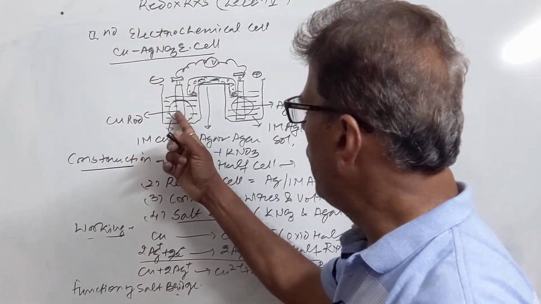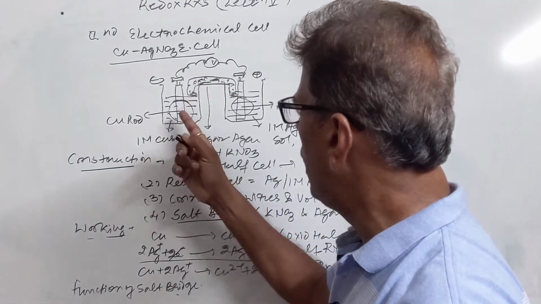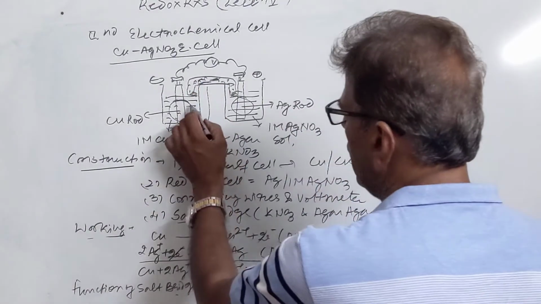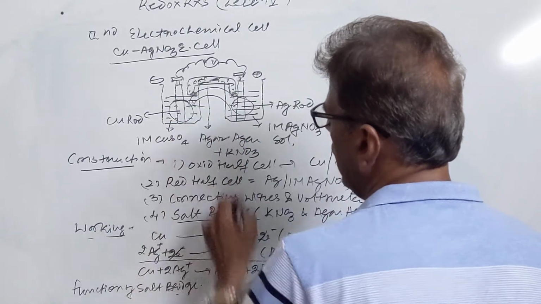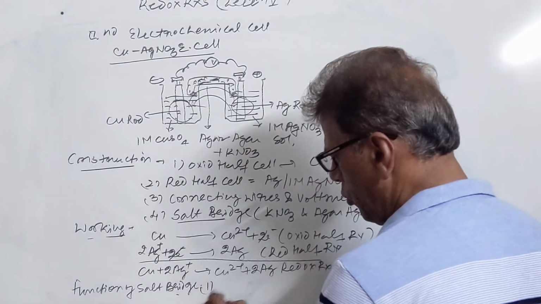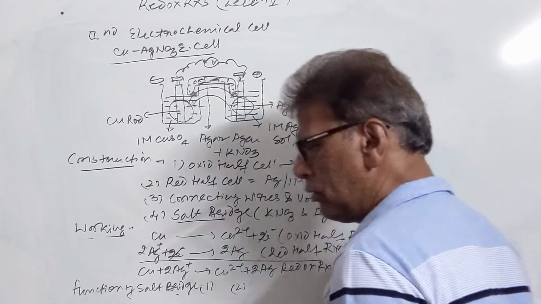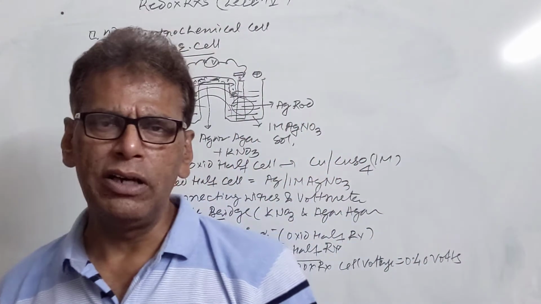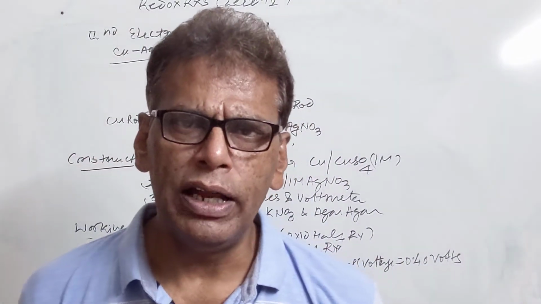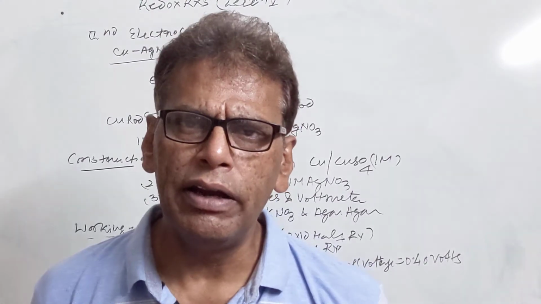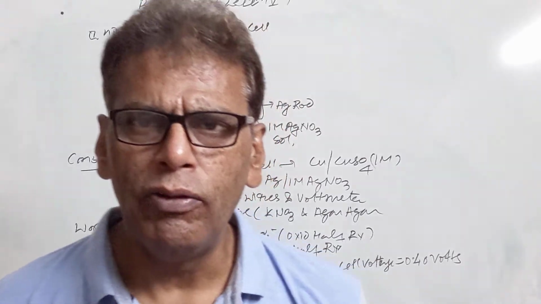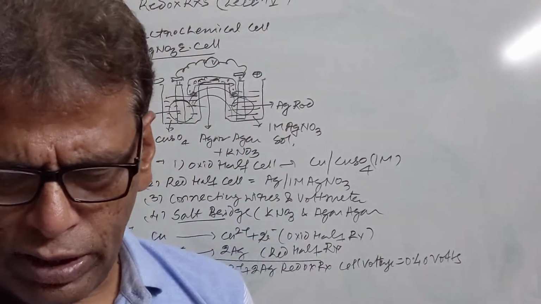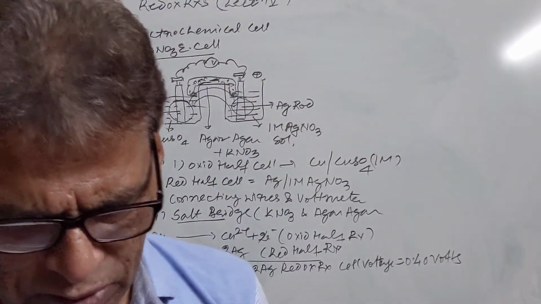The copper ions are pulled by the negative ion of the salt bridge and they are transferred to this side, and nitrate ion transferred to this side. They maintain the electroneutrality of the half cell and it maintains the constant flow of the electric current through the circuit till equilibrium point, that is reduction potential of both the electrodes become equal. So these are the main functions.